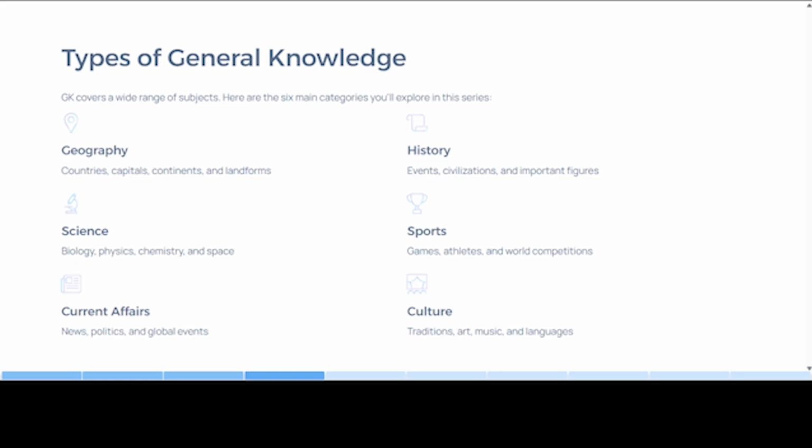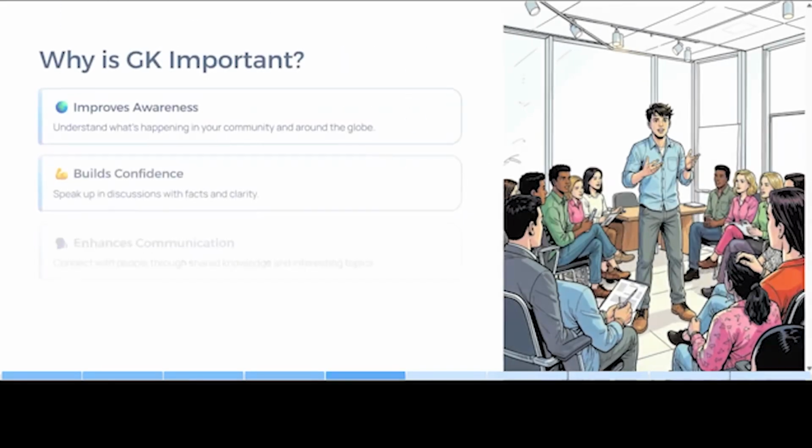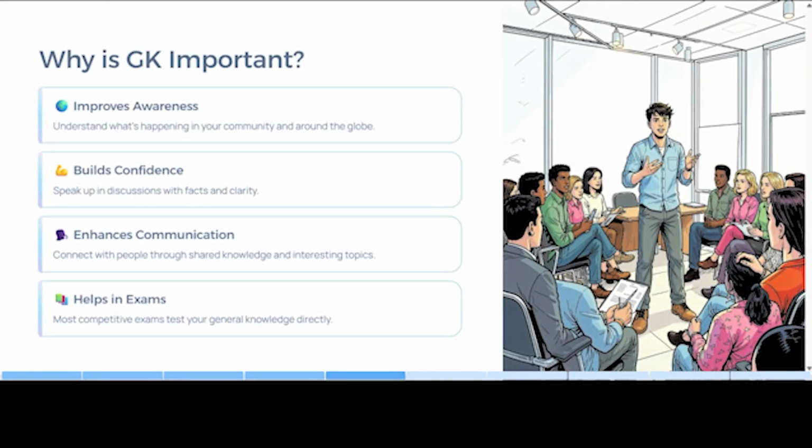Now we are going to see why GK is important in society. GK offers many benefits. First, it improves awareness by helping us understand what is happening around us.